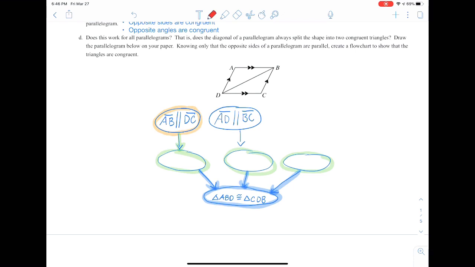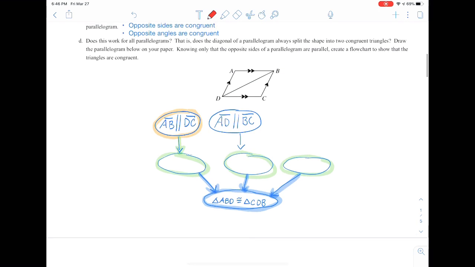Okay, so let's look here at the first one. If AB is parallel to DC, my lines are a little bit off, excuse me, and we look at this transversal, then what can we conclude?